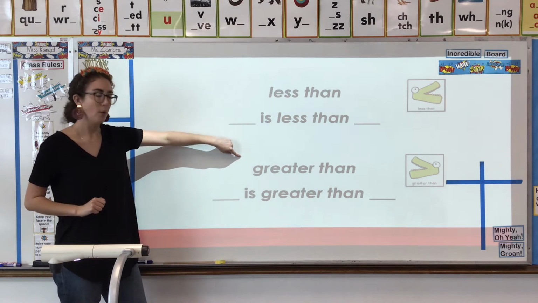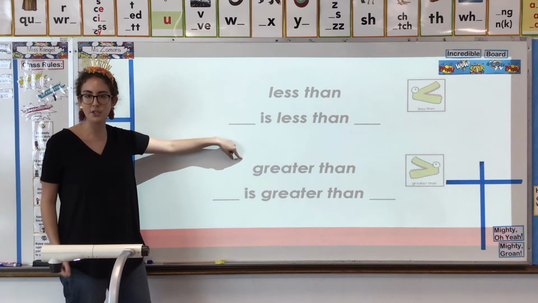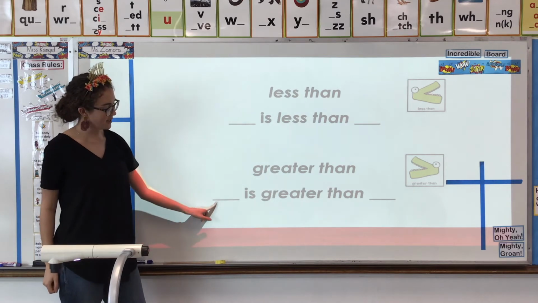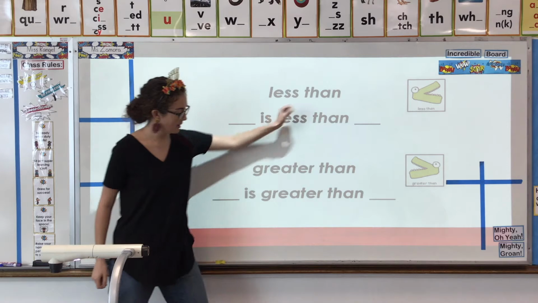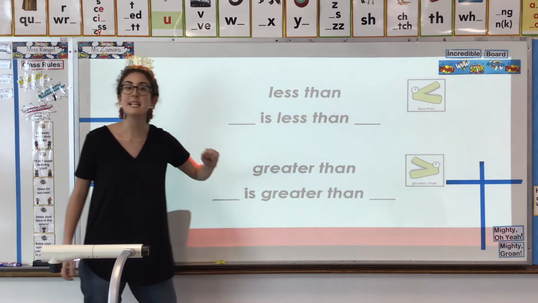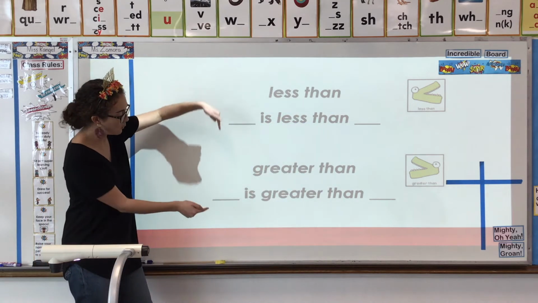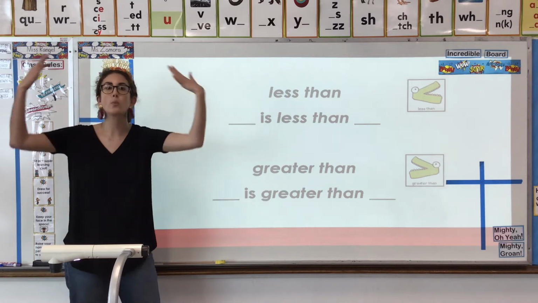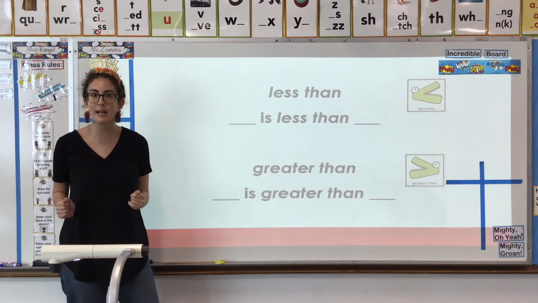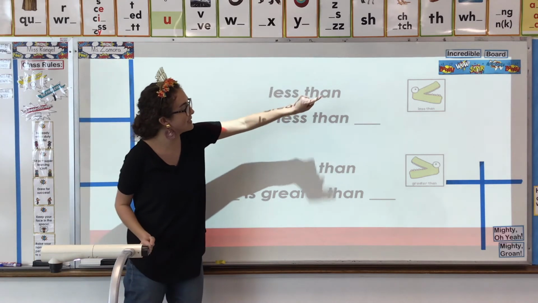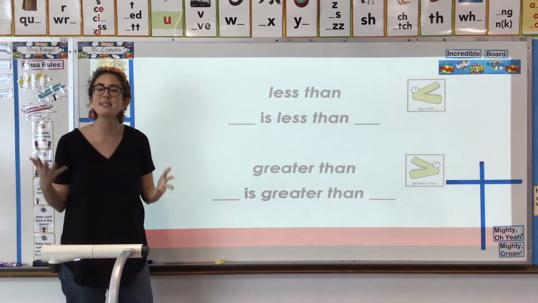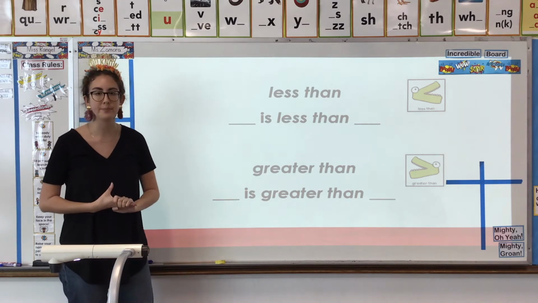In addition, we were using greater than to talk about numbers, saying this number is greater than that number, to show that we knew this first number was the bigger one, so it was greater than. And we had symbols as well that showed this exact same concept.